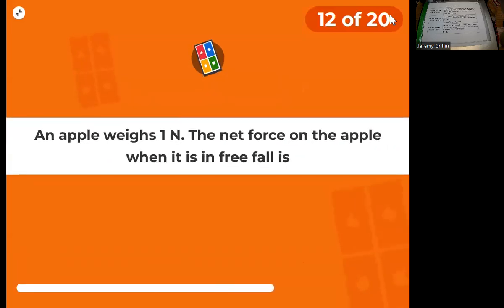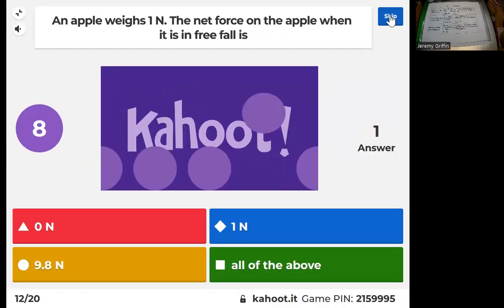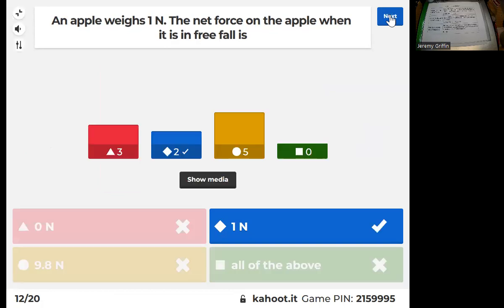Apple weighs 1 newton. What is the force on the apple when it is in free fall? Yeah, it is 1 newton, right? So it weighs 1 newton, so if it's in free fall, it'll be 1 newton.